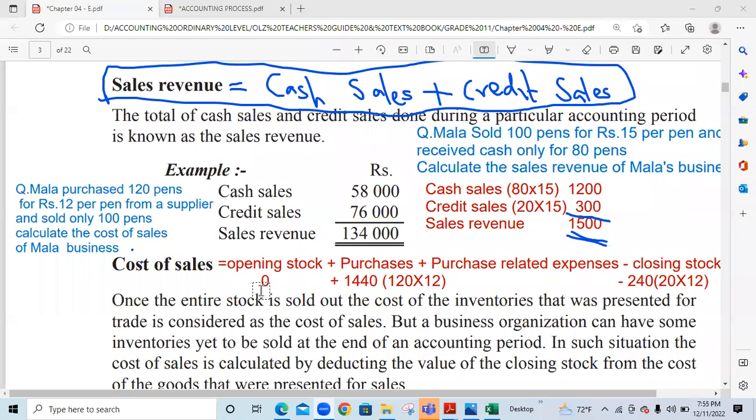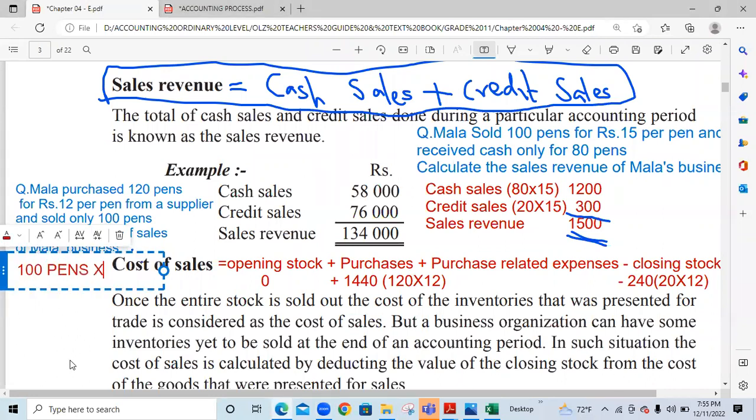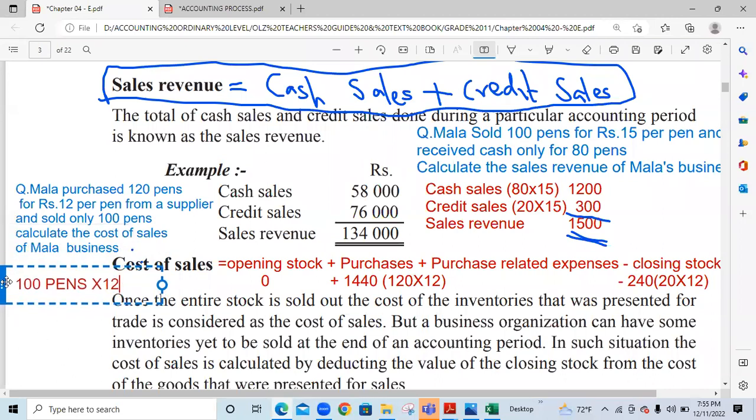You could have just taken 100 pens and multiplied by 12 because you sold 100 pens each at 12. So that's 1,200. Both ways we are getting the same answer.